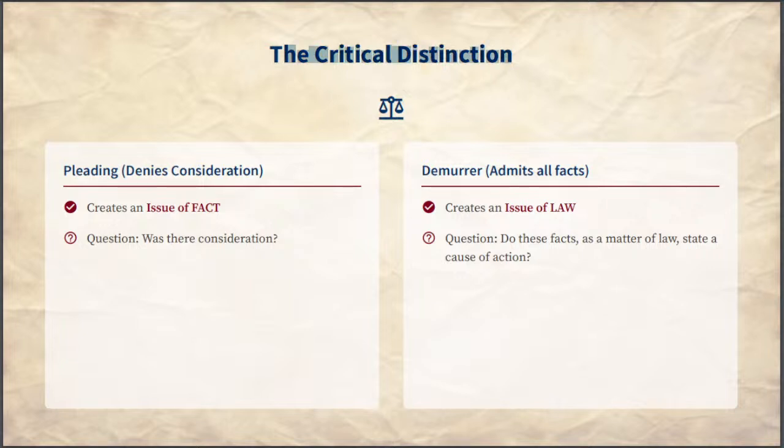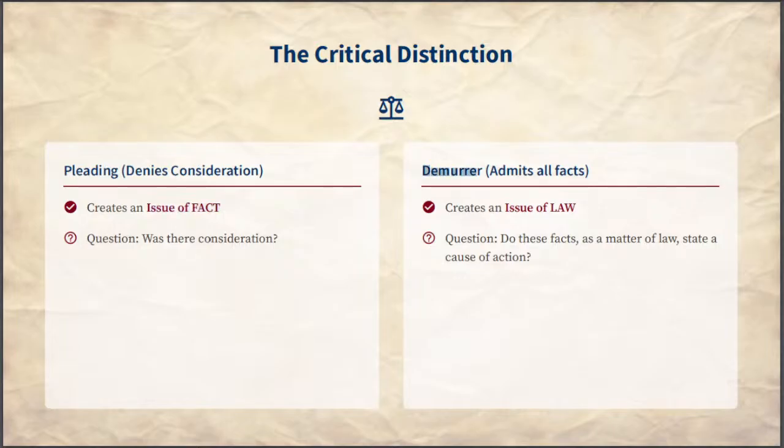So the critical distinction with pleading, it denies a consideration. So with pleading, it creates an issue of fact. The question with pleading is, was there a consideration? Was there some type of agreement or expectation or obligation, right? It's an issue of fact.